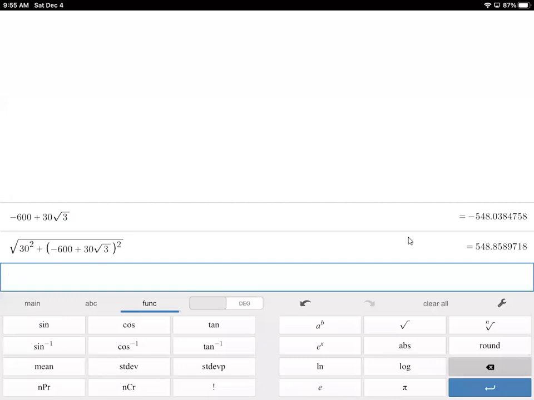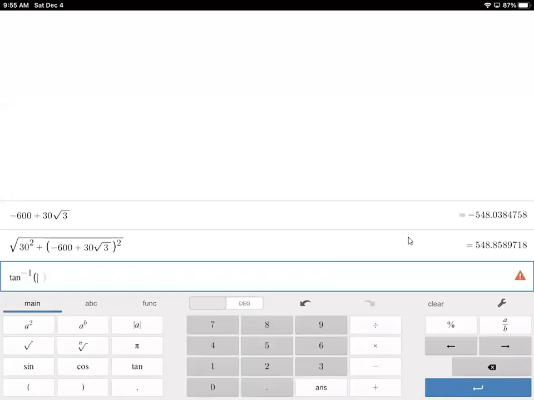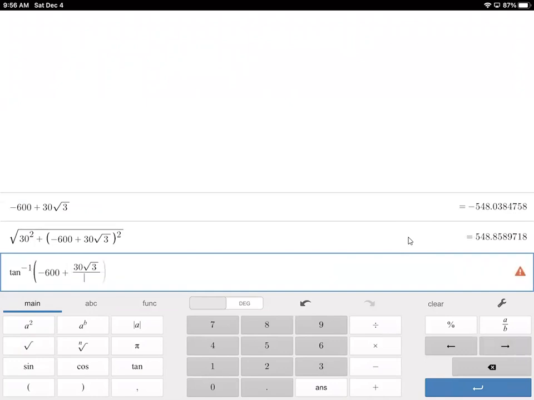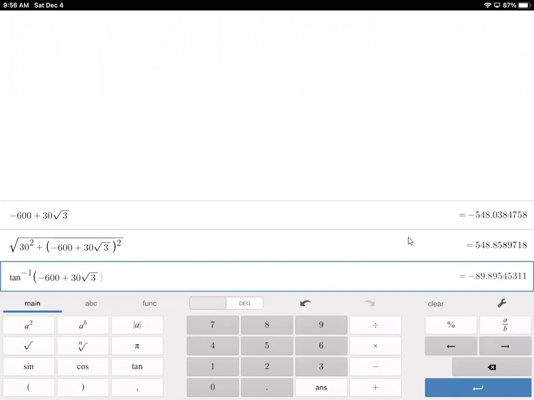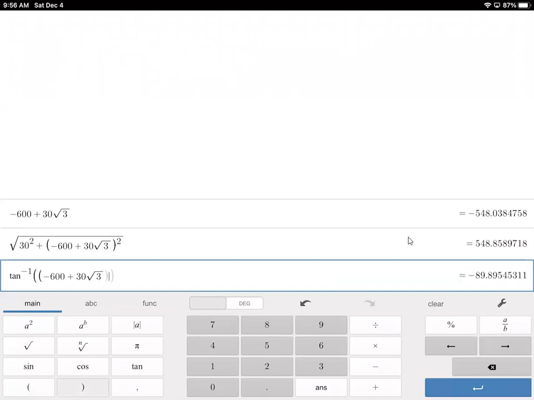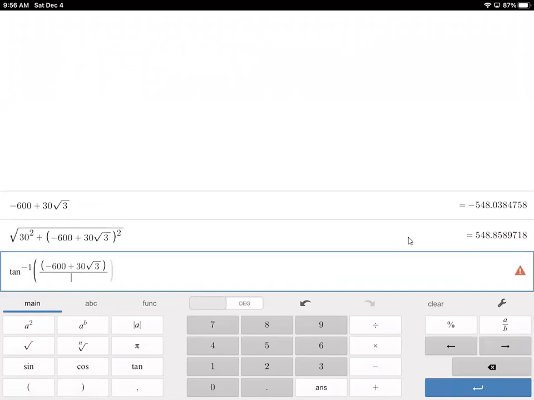So inverse tangent of negative 600 plus 30 root 3. Get out of there with that arrow. Divide this whole thing. See, so pay attention to that. That's only dividing that. So I don't want to do that. I probably want to give myself double parentheses, then divide. So pay attention, and I believe it's over 30, right? Hopefully. Oh, and make sure you're in degrees, right? So this is negative 86.87.